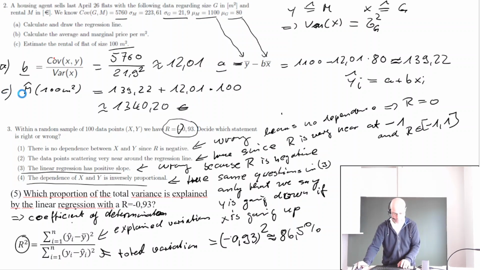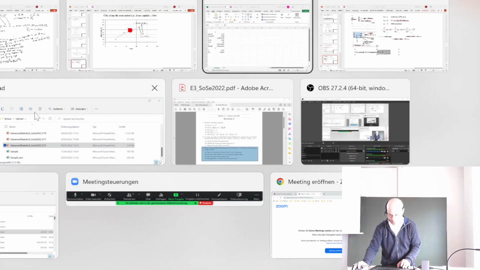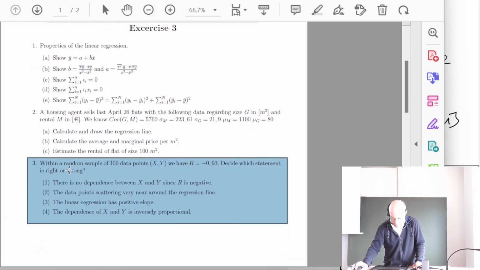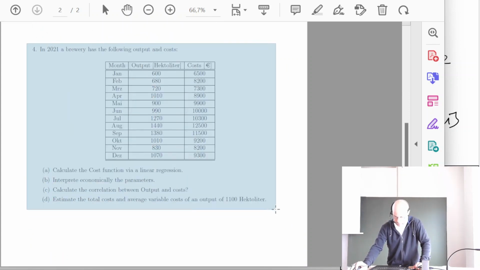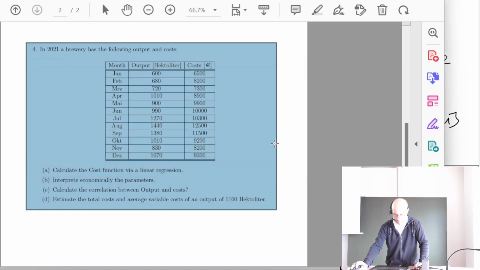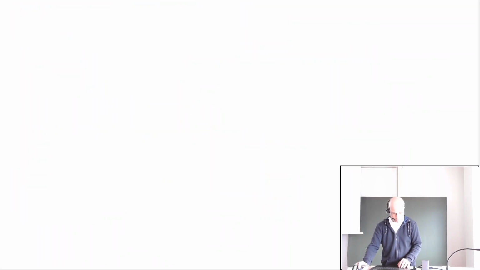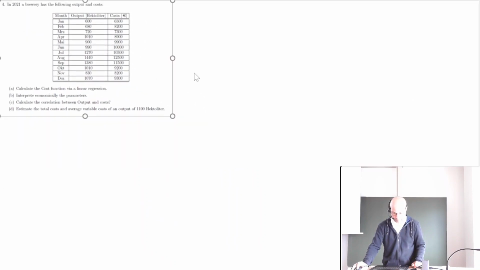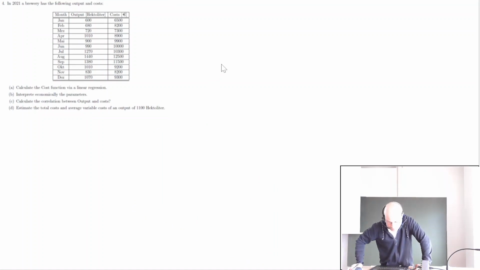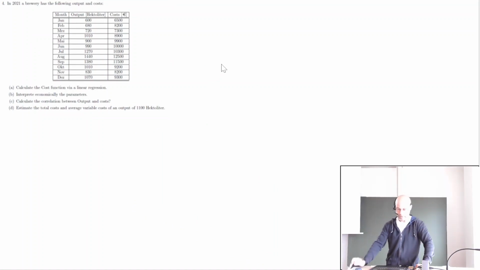Okay, and then I think one is left. There we just do a linear regression. So again, a brewery. I think I already had some example with breweries. So you'll see during nice summertime, I'm sitting outside having a beer.